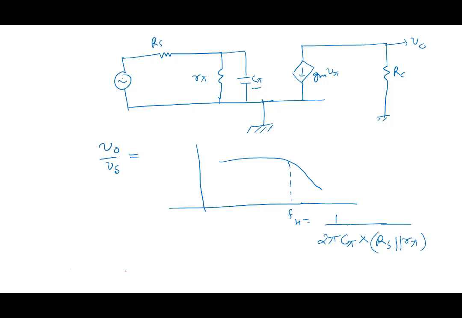The net resistance seen, because we remove the source, RS becomes in parallel with R pi. Correct? So we see the role of this C pi, a capacitance here. It gives rise to a low pass kind of behavior, and we can calculate what its effect is. Okay? Alright.